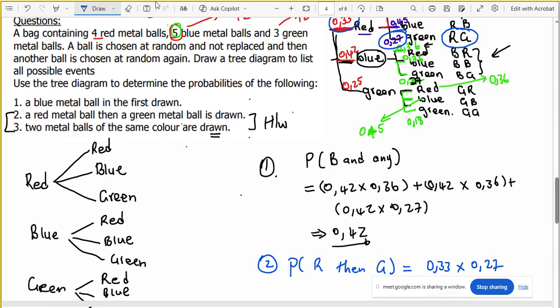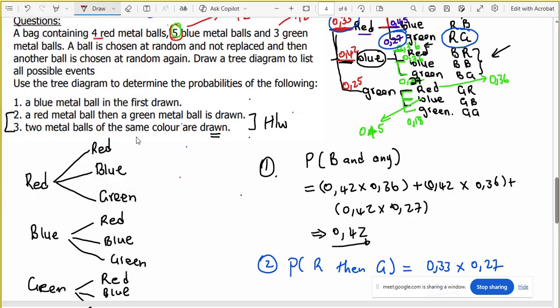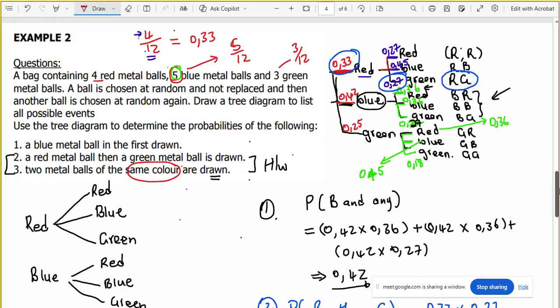So I'll give you a clue what you need to do on the last one. They say two metal balls, same color. You're going to look at the ones that have the same color, which is green-green, blue-blue, and red-red. You multiply those probabilities, then at the end you add. You'll start with 0.3 and 0.27, multiply them.